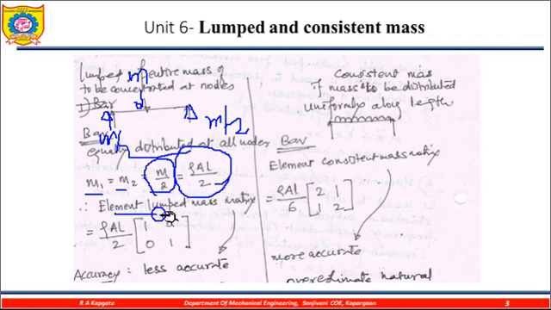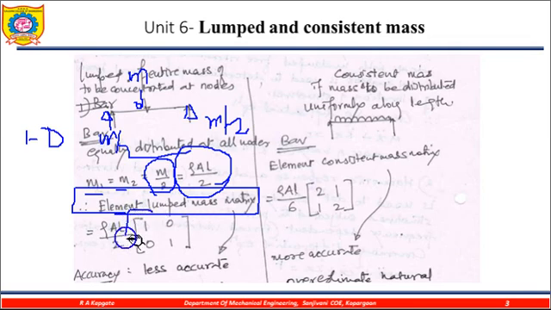Hence, because we are studying the 1D problem, the element matrix for the lumped mass is rho A L divided by 2 multiplied by the matrix [1 0; 0 1].